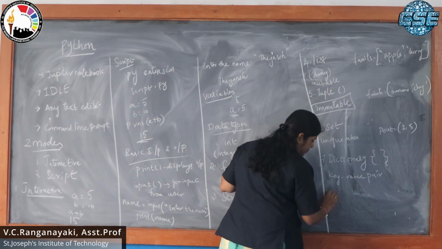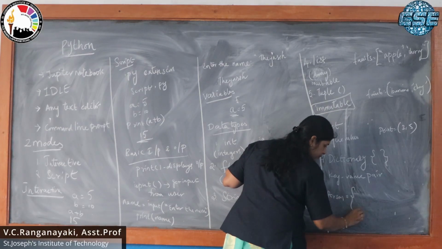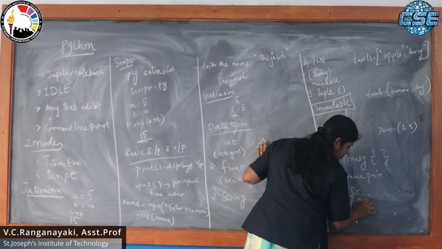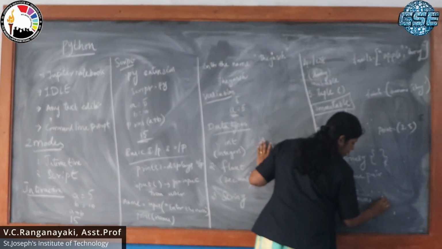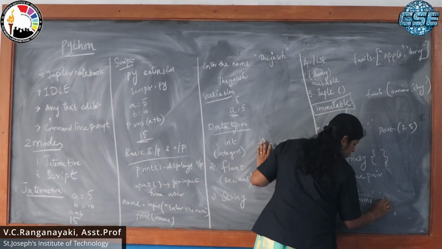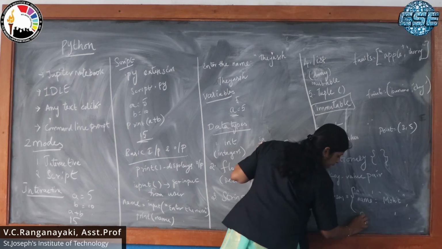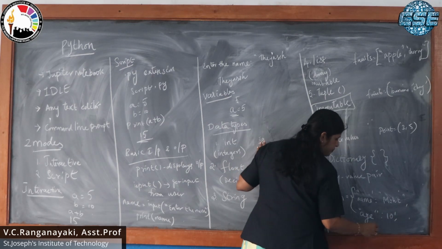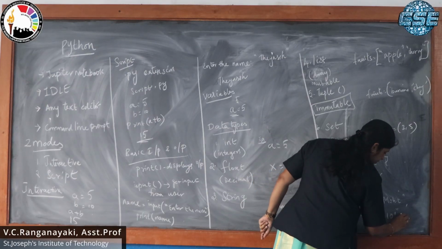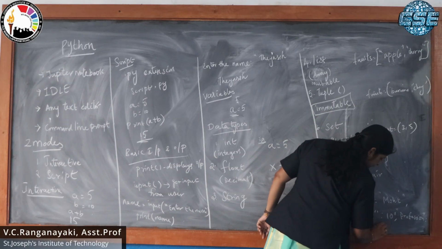For example, person equal to name, this is the key, value Mohit, age 10, profession engineer.